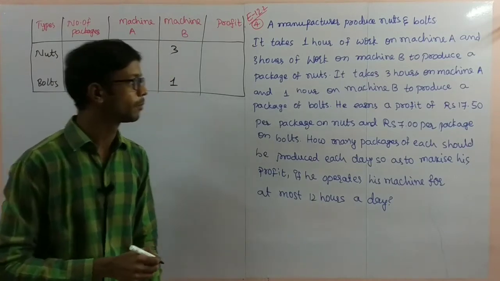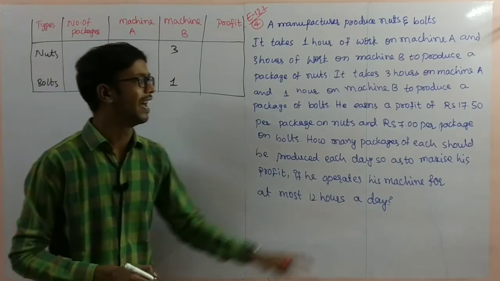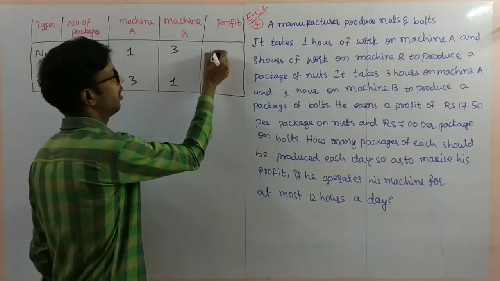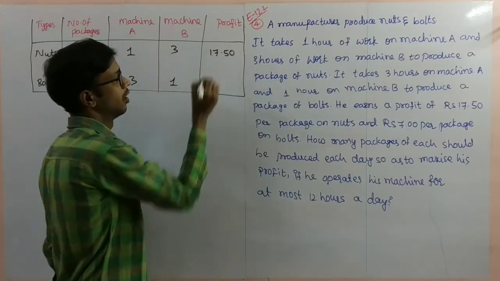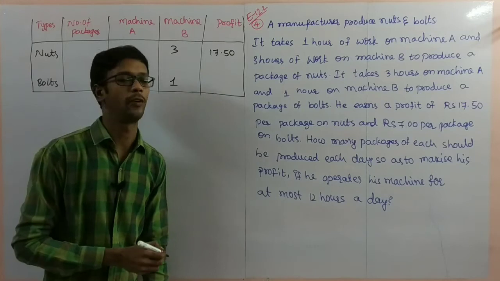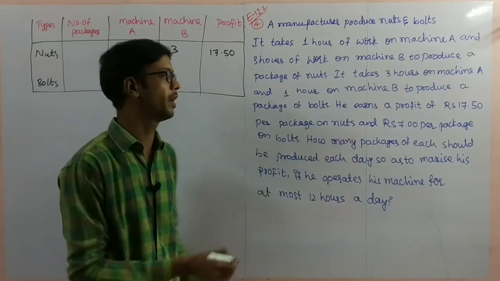Next, that is completed. Hence the profit: for a package of nuts 12 rupees 50 paise and 7 rupees per package of bolts.